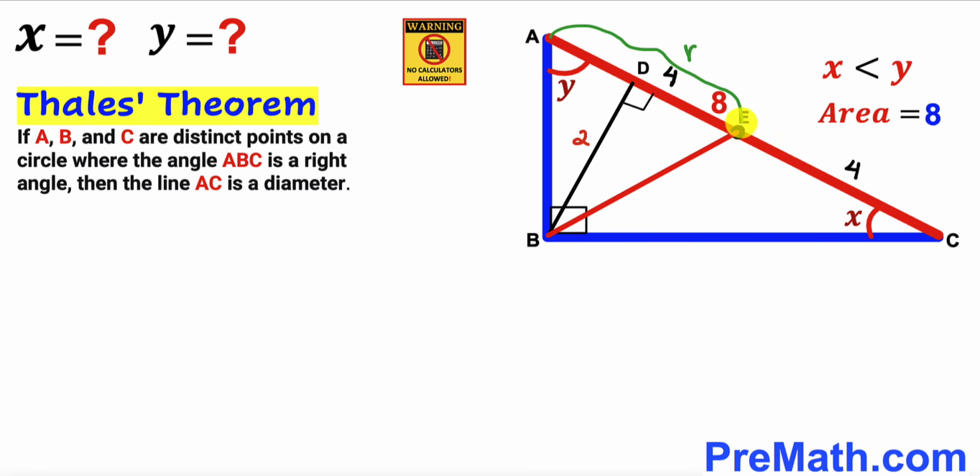Likewise, this is the radius r as well, and this is the radius r as well. Since these are radii, these two sides are congruent, and we know this side length is 4. So segment BE length is 4 units as well.